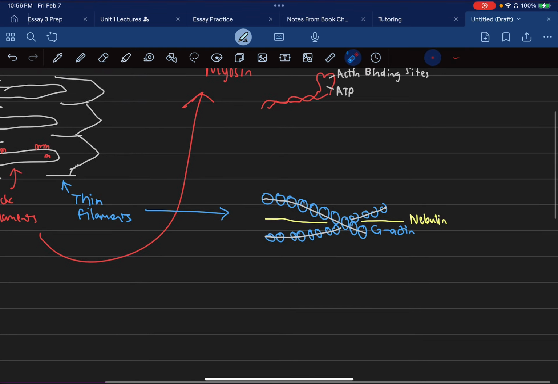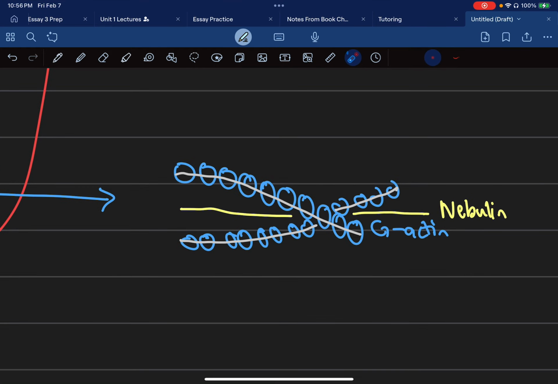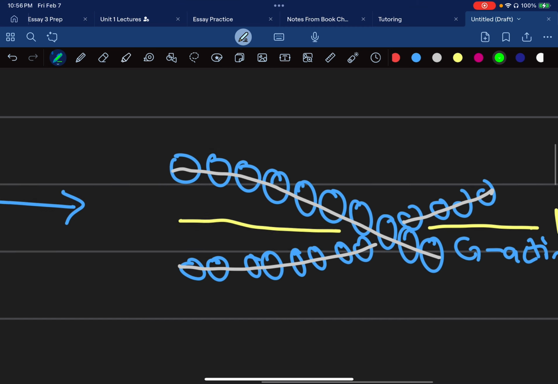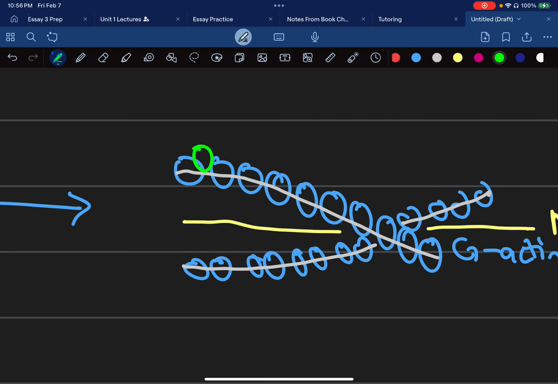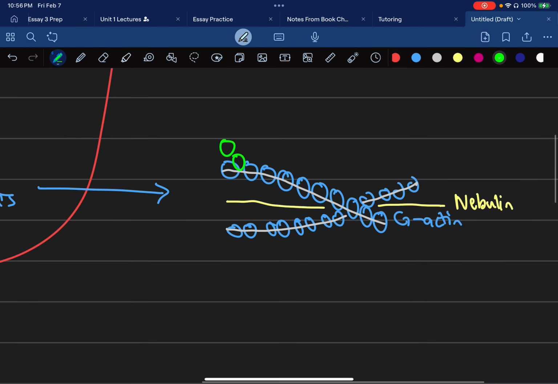So it's going to want to bind to our actin right here and be able to do contractions on it. But this tropomyosin is going to be regulating that, covering those actin sites. And we have another protein called troponin, which is going to decide when the tropomyosin gets removed from the actin.